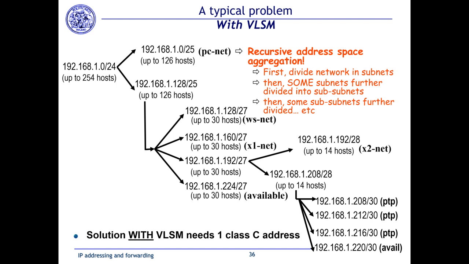Once you start with the overall network, the first thing is to consider the network with the higher number of hosts. The first subnetting step has to be designed in order to satisfy the larger subnet. In this case, the larger subnet is the one with 100 hosts.